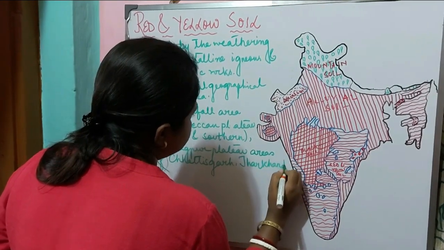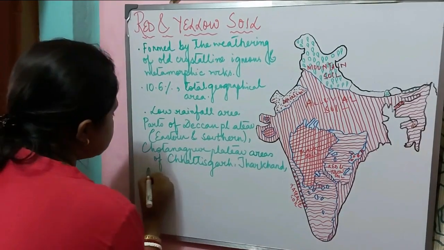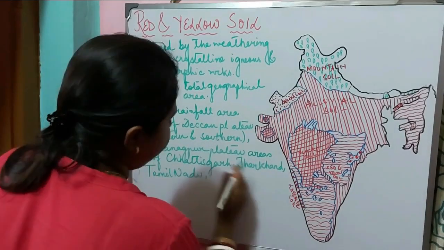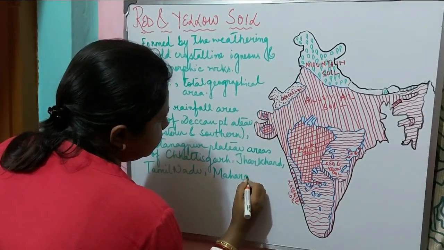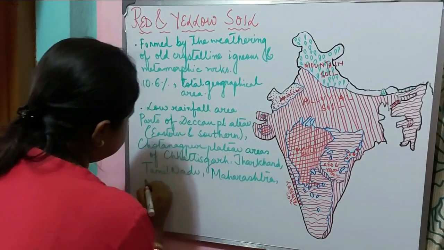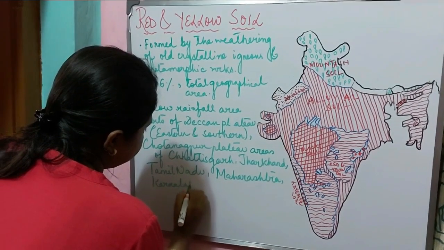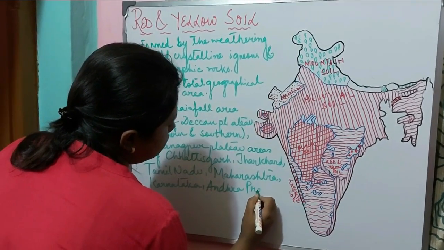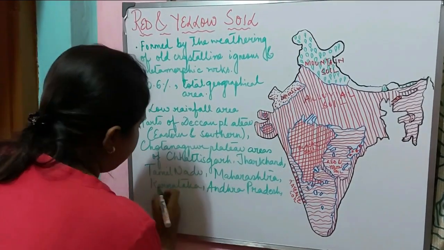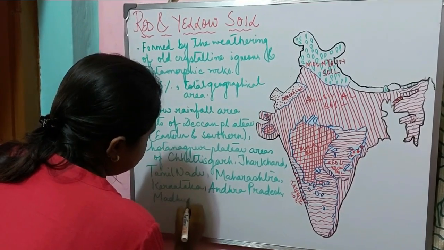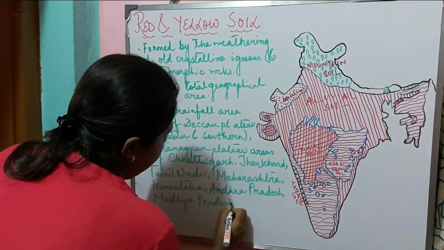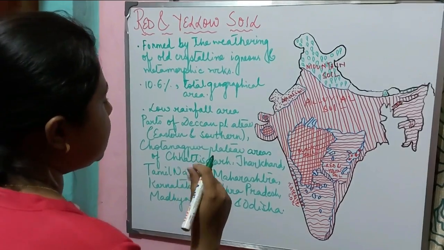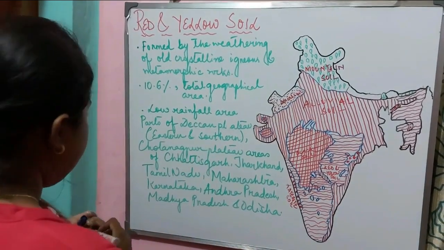Where else can we find it? See, in the southern portion also. So, Tamil Nadu, some parts of Maharashtra, Karnataka, Andhra Pradesh, Madhya Pradesh, and Orissa. Right? So we can find the red and yellow soil in these areas.